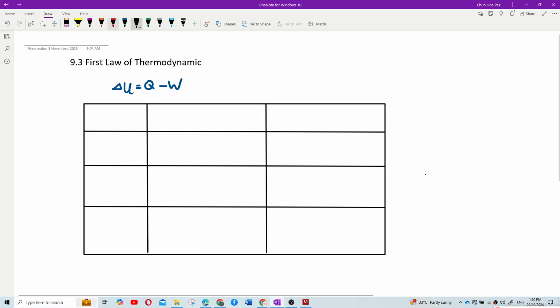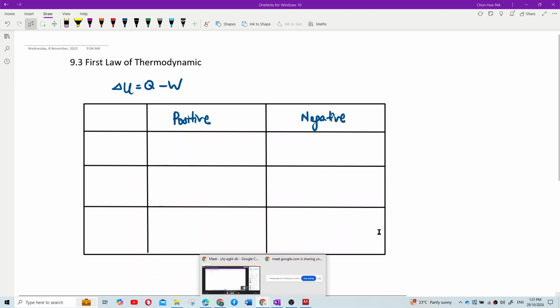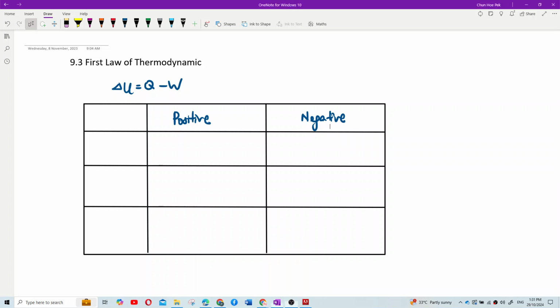Okay, so we have this. We must know when to use positive value and when to use negative value.